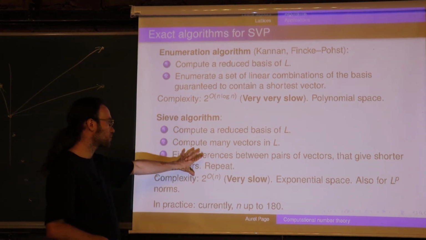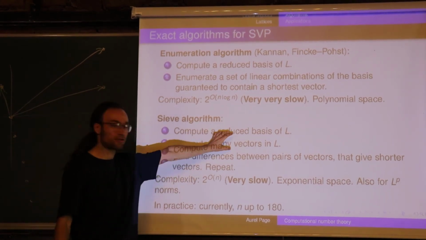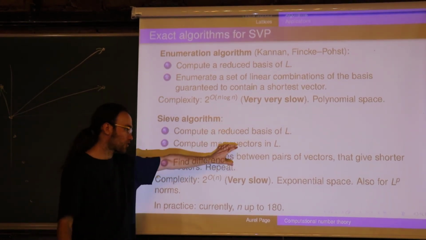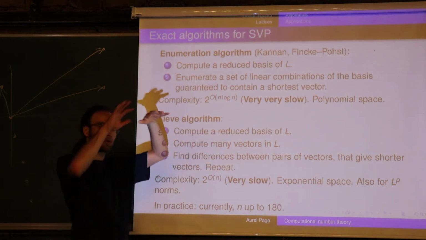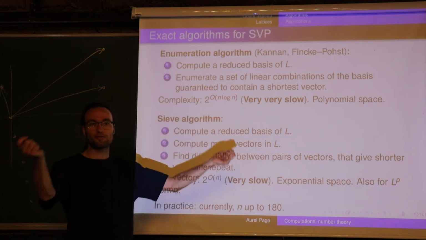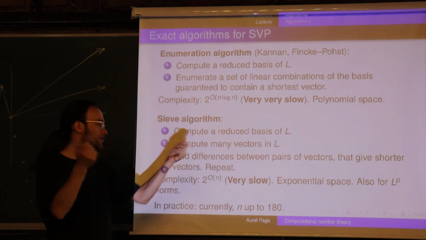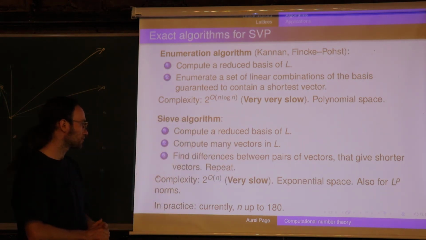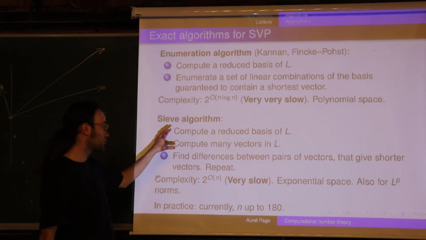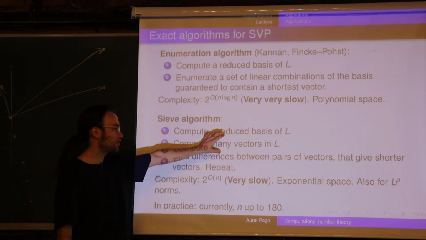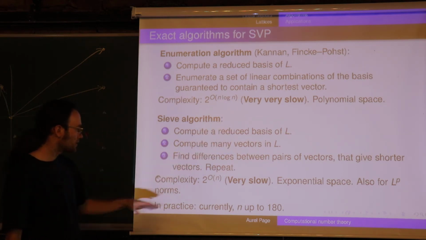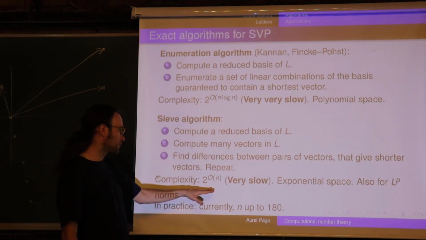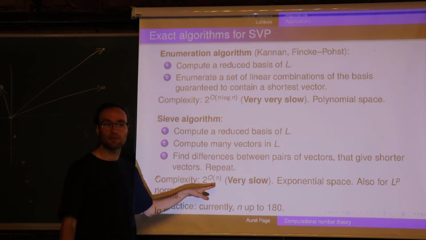For this to work, you need to have enough vectors to have actual pairs that are shorter. If you compute too few vectors, they will be far apart, and you'll never have pairs whose difference is shorter. So this is where the complexity comes from, essentially the number of vectors that you need. It is better than the enumeration, but still exponential time.